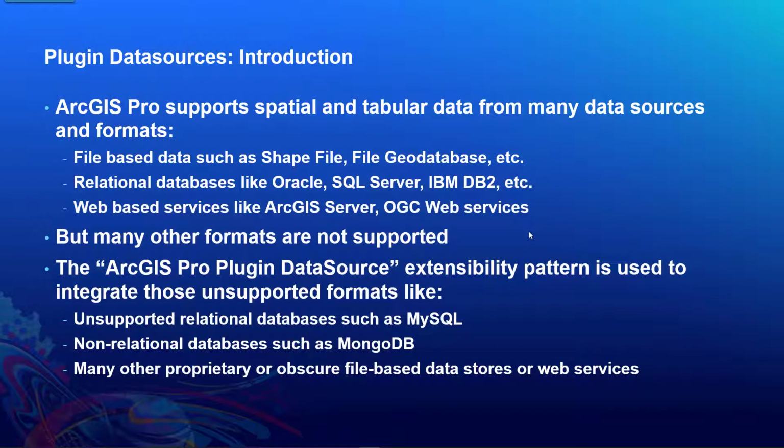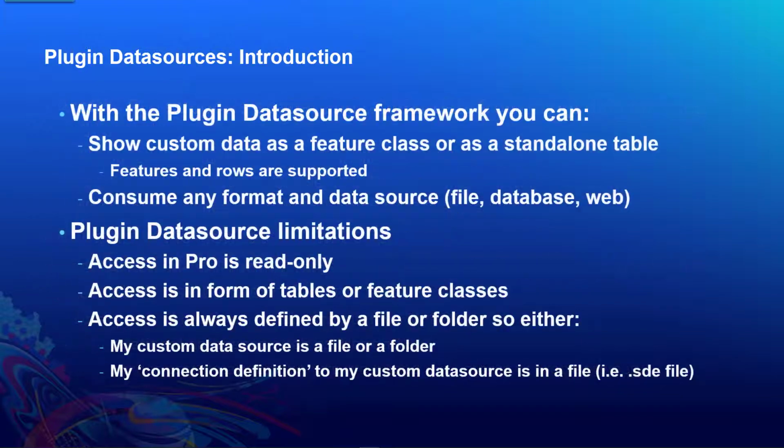The ArcGIS Pro plugin data source extensibility is used to integrate those unsupported formats, like, for example, unsupported relational databases such as MySQL, non-relational databases such as MongoDB, or many other proprietary or obscure file-based data stores or web services.